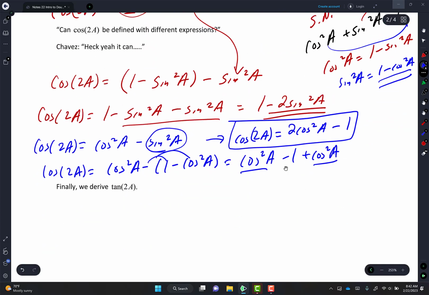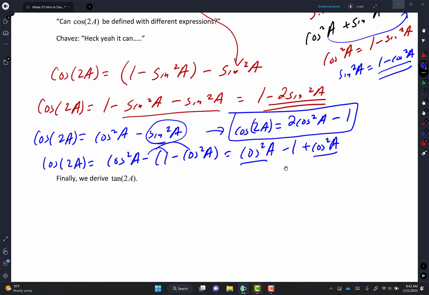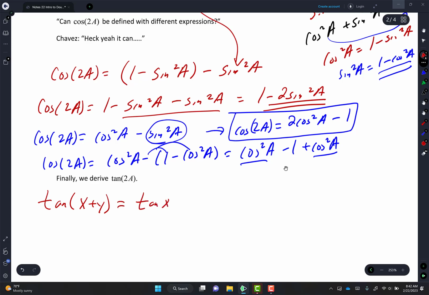Last one. I want to derive tan 2A. Do you guys remember how to derive tan of x plus y? Yeah, hopefully you remember. That's tan x plus tan y over 1 minus tan x tan y.